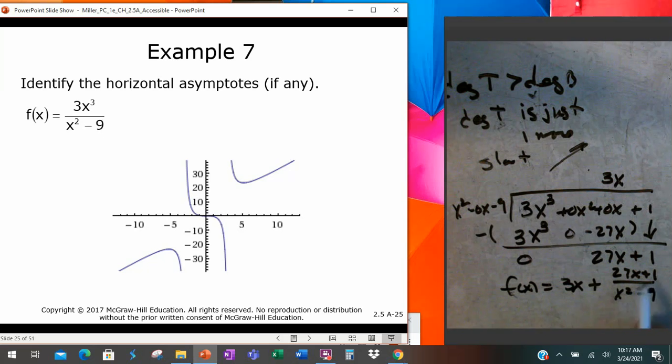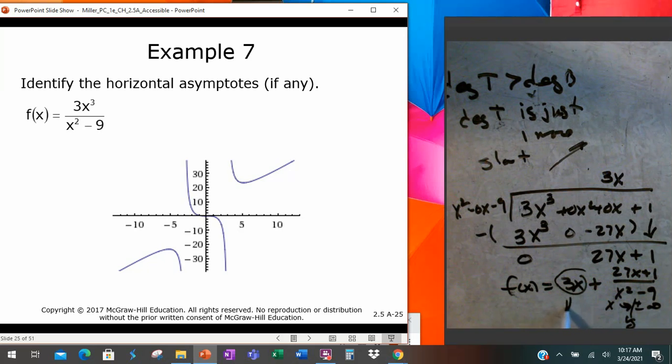At large x, as x goes to plus or minus infinity, this stuff goes to 0. And you're only left with this. If I do the line 3x, I would say this is the asymptote that it's getting closer to. This is the end behavior of a straight line.